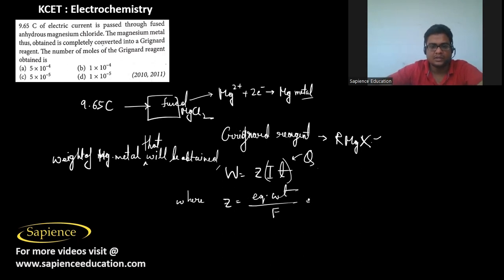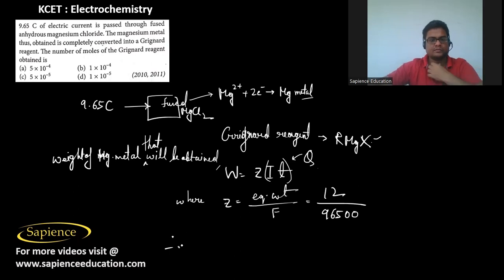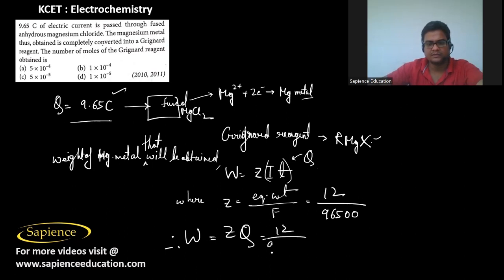So the equivalent weight of magnesium will be 12, divided by 1 Faraday, that is 96500. Therefore the weight of the magnesium that will be obtained is Z into Q. Here Q is given as 9.65 coulomb. So it will be 12 by 96500 into 9.65.